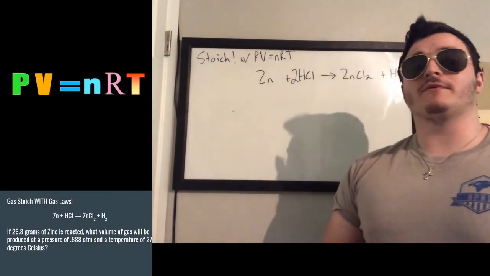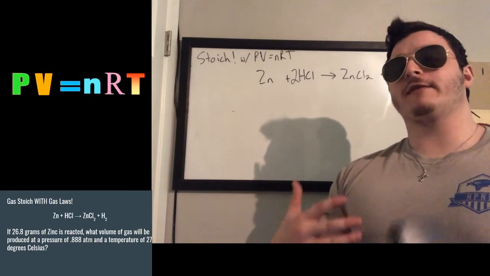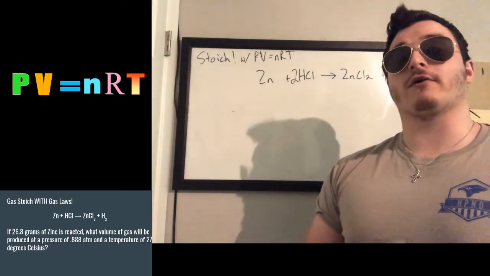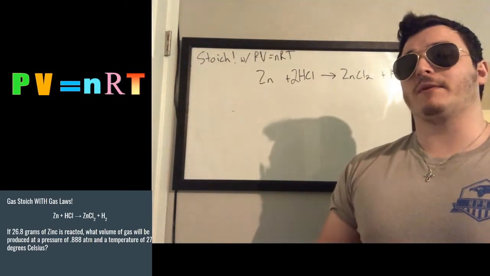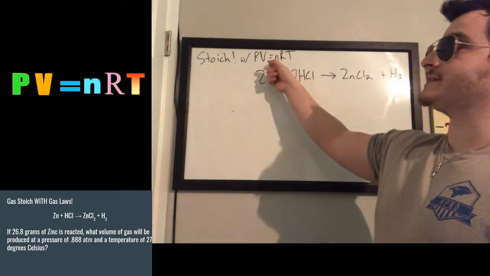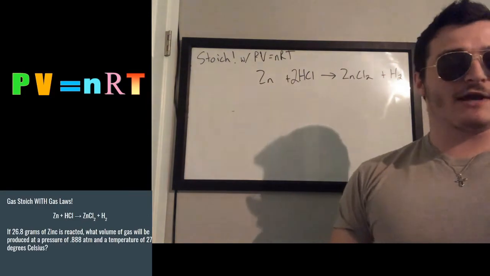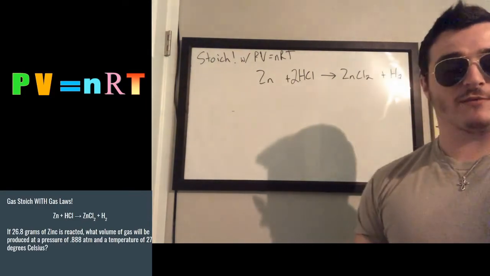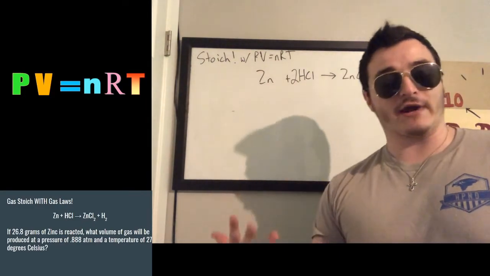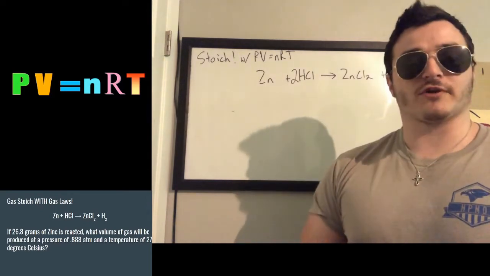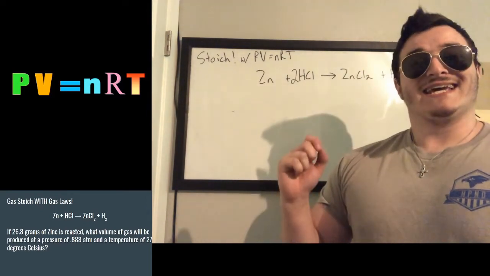The last problem of the day, probably the most complicated, but it is utilizing everything that we already know thus far. It's going to be a combination of stoichiometry and utilizing PV = nRT, the ideal gas law. So the question is, if 26.8 grams of zinc is reacted, what volume of gas will be produced at a pressure of 0.888 atm and a temperature of 27 degrees Celsius?